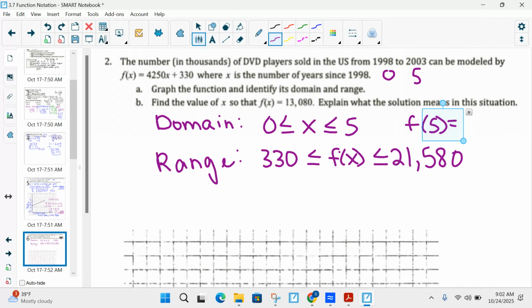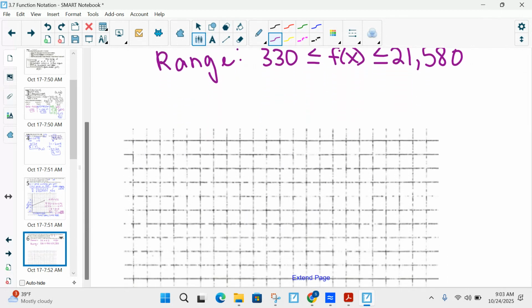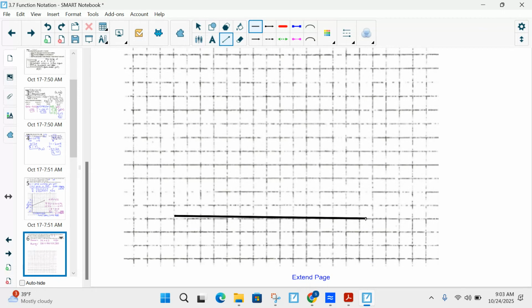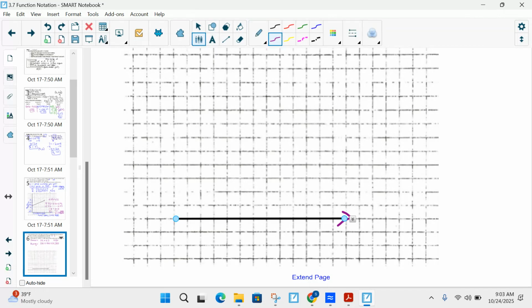And so now we have to graph it. So for your x-axis, we need to go from 0 to 5. Let's set up your graph. Mine is about the same size, so it's about like 10 by 10-ish. Okay, so there's that, and then make your y-axis.